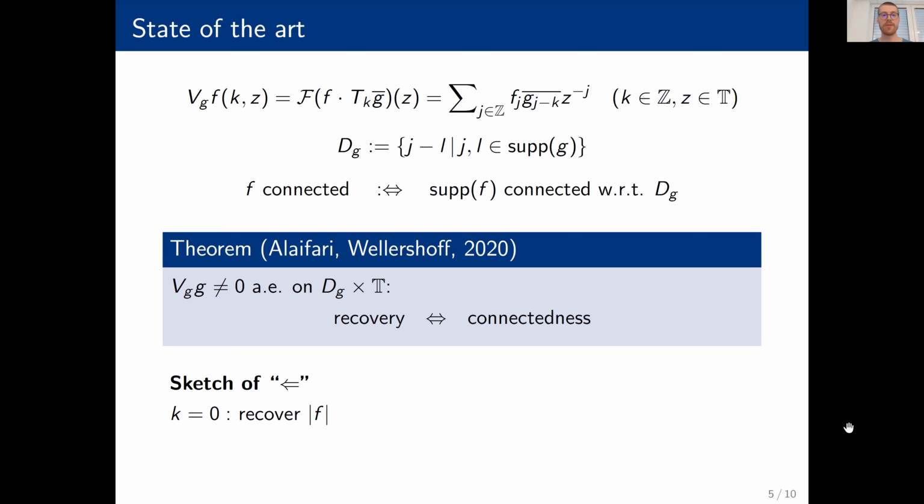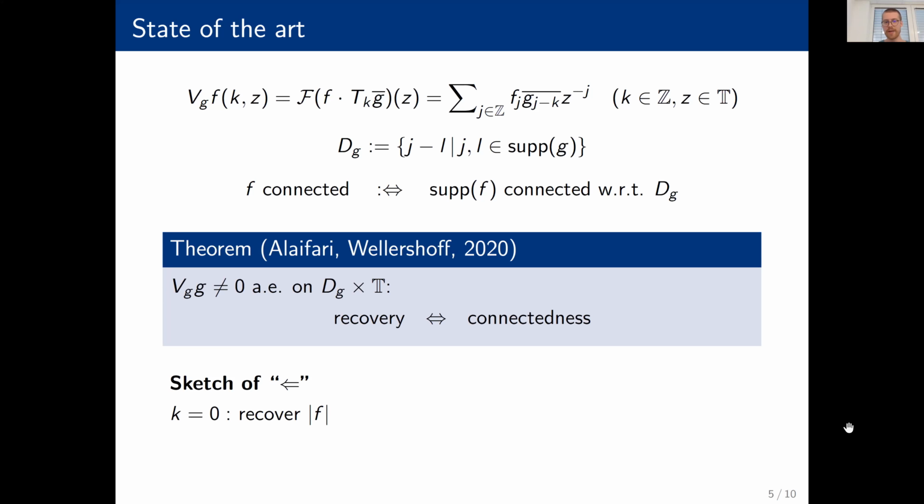And if we look at the formula for VFF, VFF with shift parameter 0 is just the Fourier transform of the absolute value squared of F. So by Fourier inversion, we are actually able to recover the absolute value of F. And by that, of course, we can also recover the support of F.